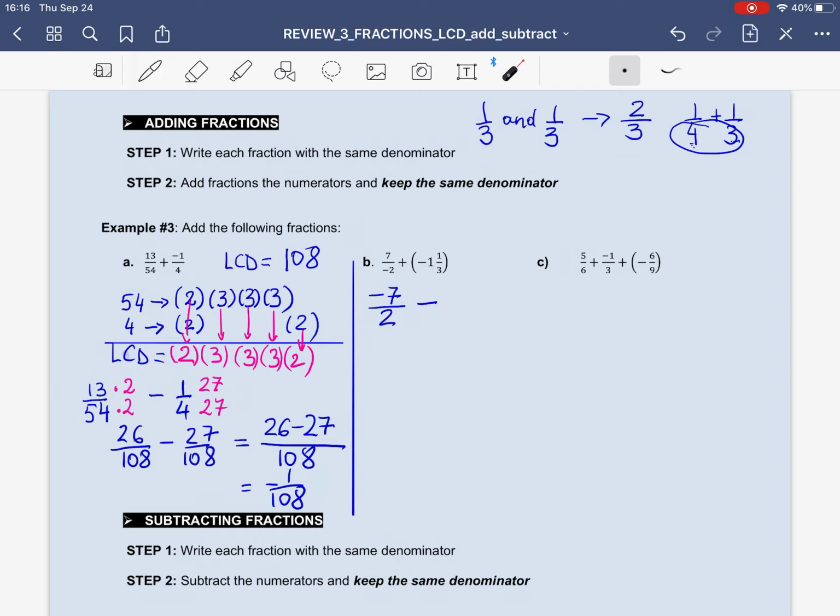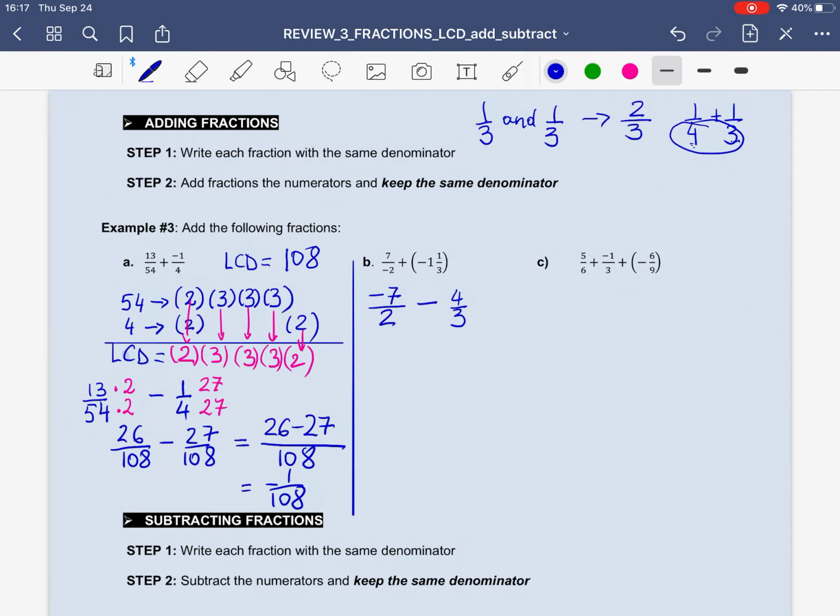Remember, when we add or subtract fractions, we want them to be in the same form. So either as proper or improper fractions. So we can compare apples to apples, right? So we need to convert this number into improper form. So 3 times 1 plus 1, that's 4 over 3. So 1 and 1/3 equals 4/3.